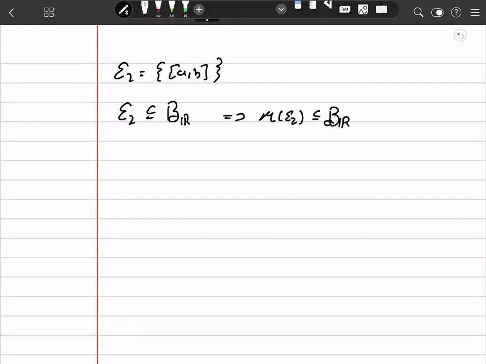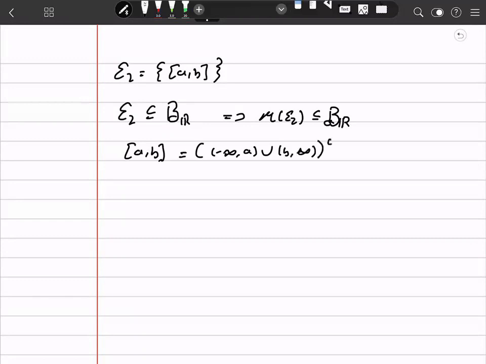Just to look at what that looks like, if we have a closed interval AB, how can we write that as the complement of an open set? Well, this is actually going to be equal to the complement of the interval negative infinity to A union B to infinity.